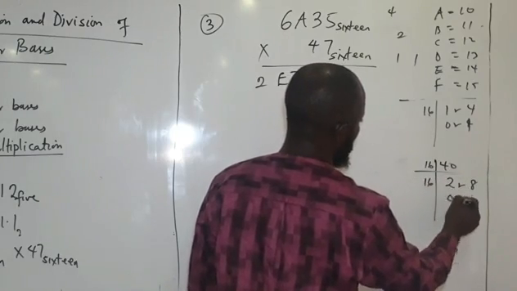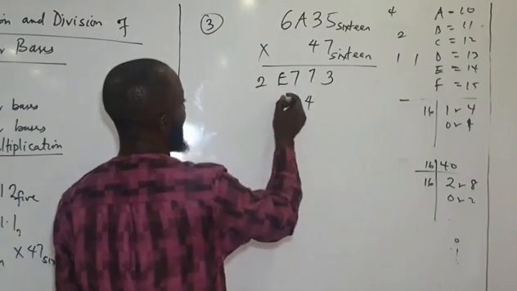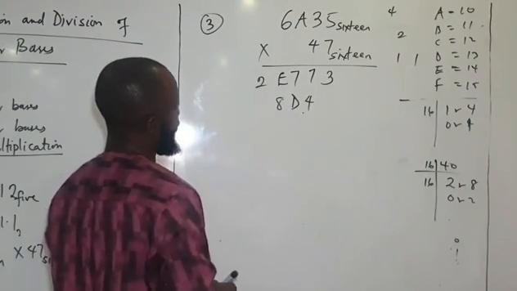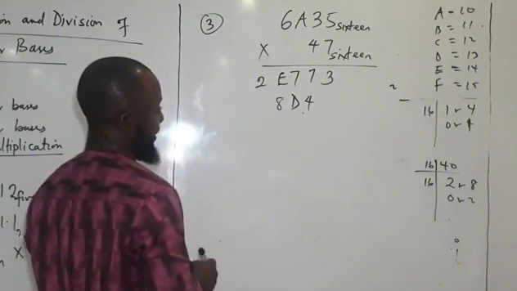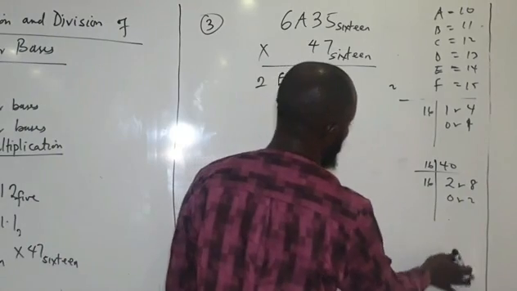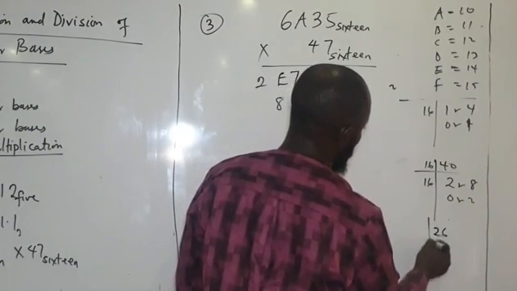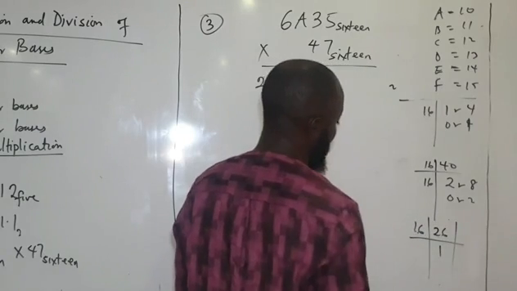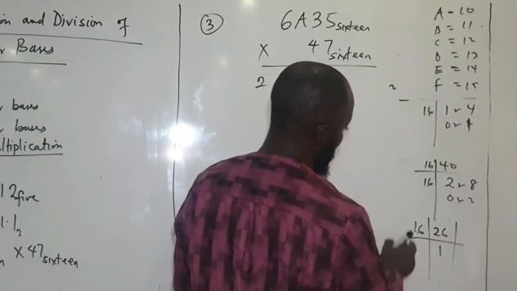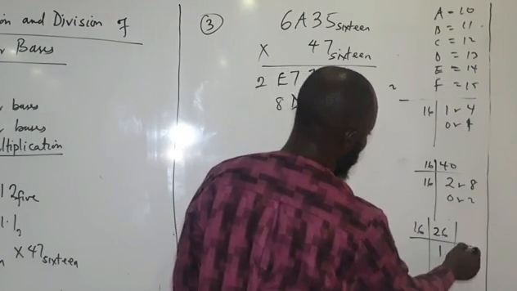Then 16, 0 remainder 2. We write 8, we carry what? 2. So 4 times 6, 24. 24 plus 2, 26. 26 in 16, that is 1, right? Remainder 10.